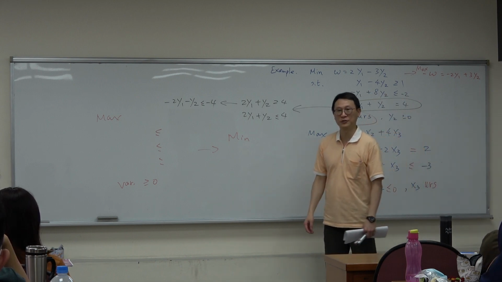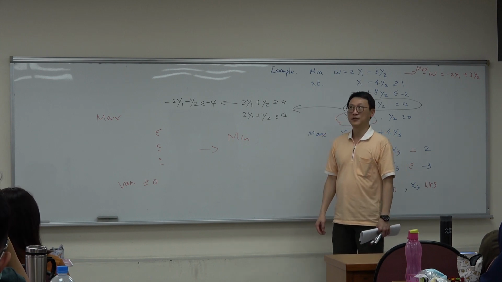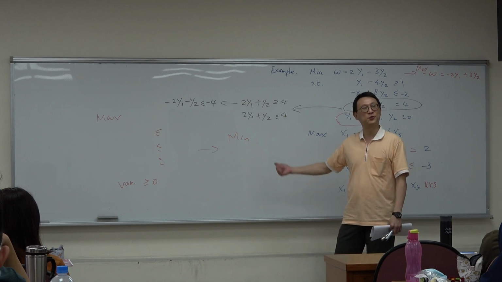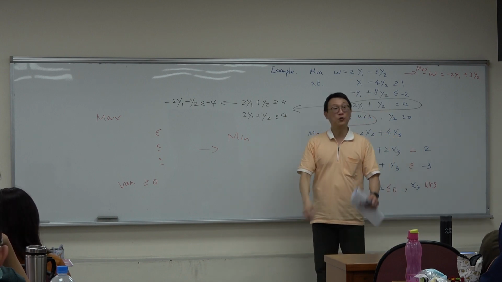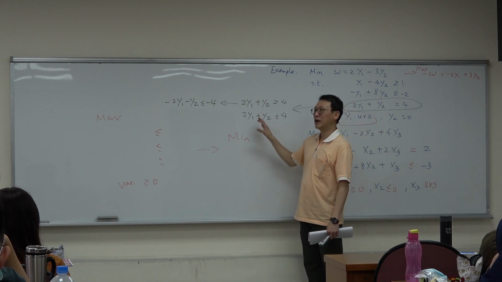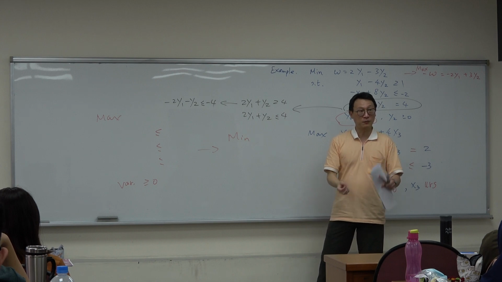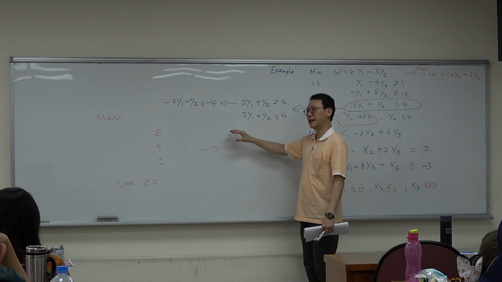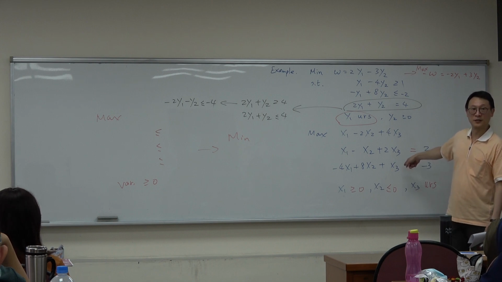Actually, I encourage you to do that, and supposedly, in your undergraduate course, you had to do that. Then you will observe that after you do the transformation, it really is a lot of work, but the result is exactly the same as this one.